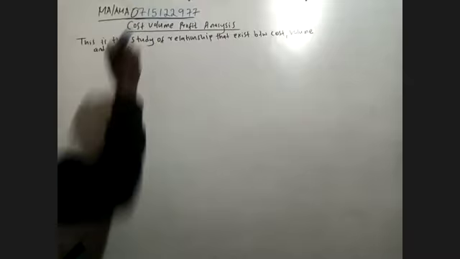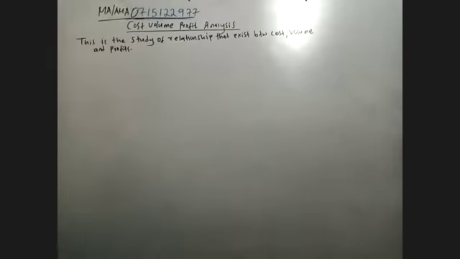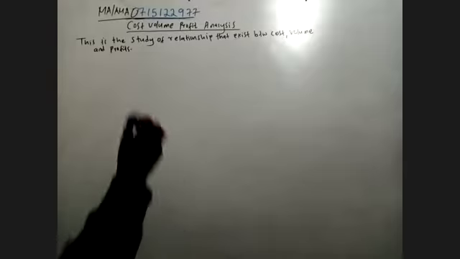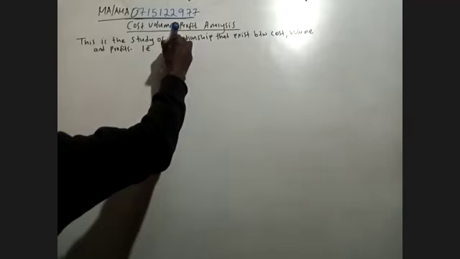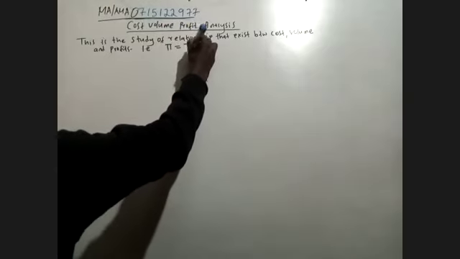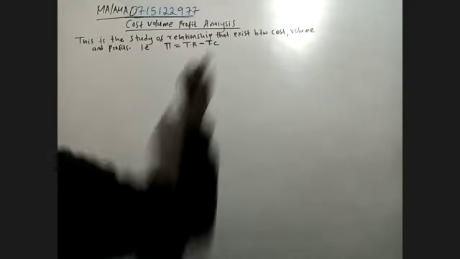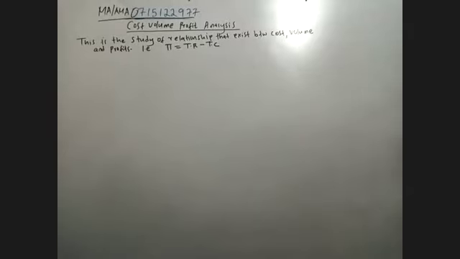The study of the relationship between cost, volume, and profits is what we call cost, volume, profit analysis. For example, as a relation, we can say profit is equal to total revenue minus total cost. This is a good example.